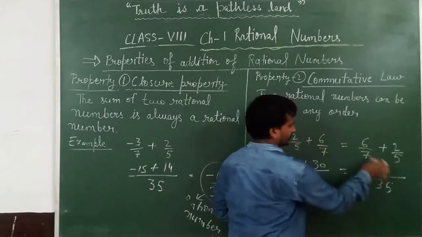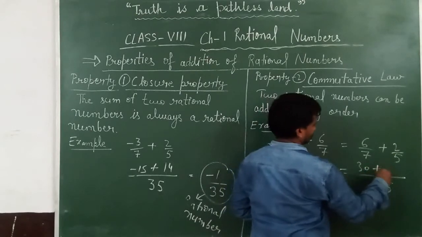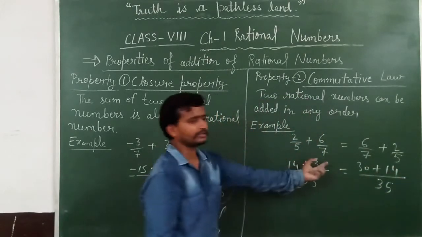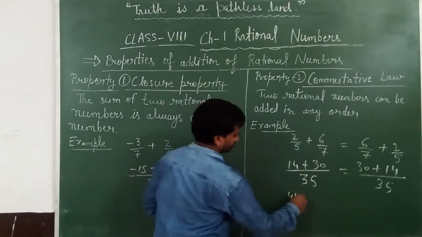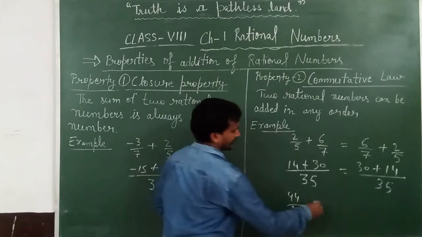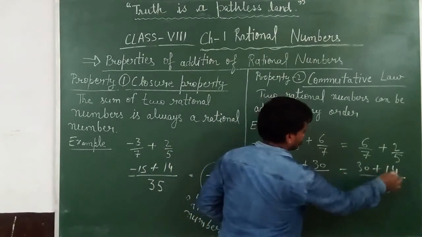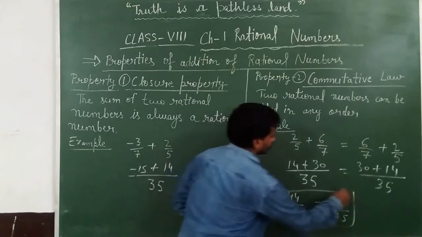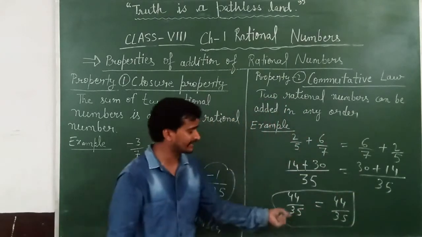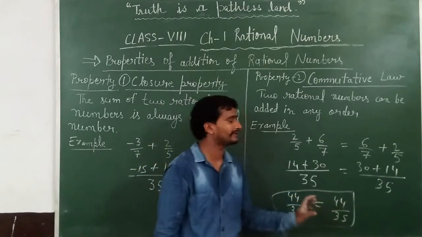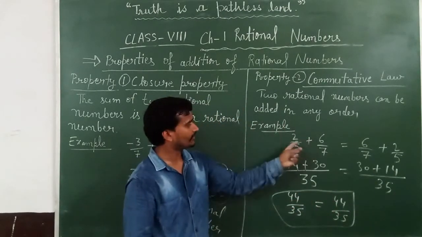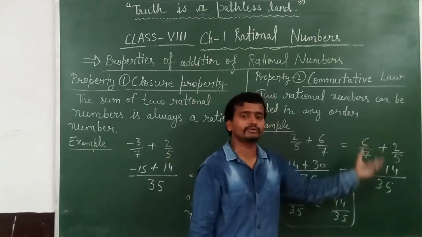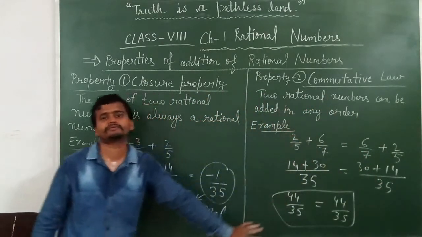Solving 30 plus 14, 14 plus 30 is 44. 44 upon 35. In both cases, answer is same, 44 upon 35. That means on reversing the order, there will be no change. This is known as commutative law.